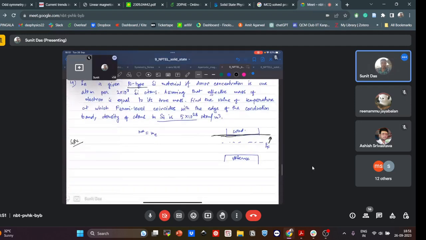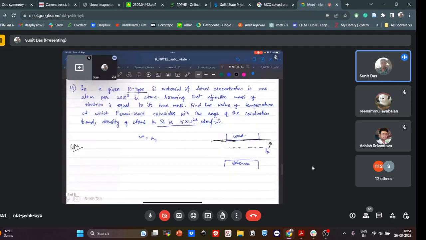The density of atoms is 5 into 10 to the power 28 per meter cube, and the impurity concentration is 1 atom per 2 into 10 to the power 8 silicon atoms.